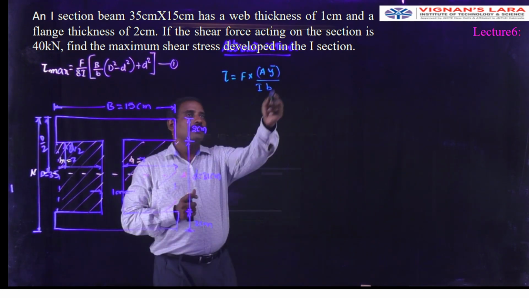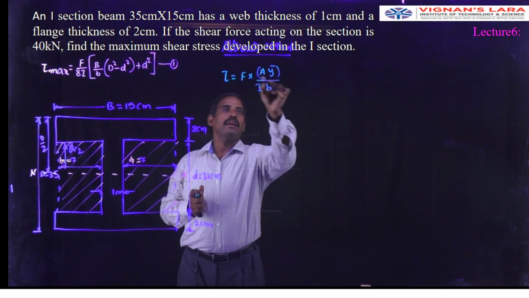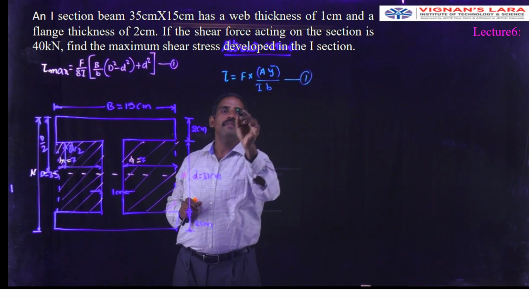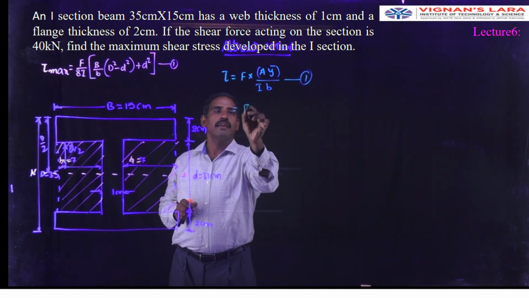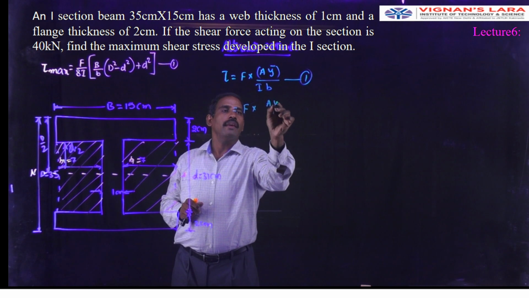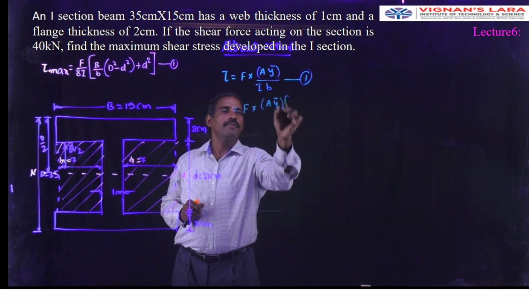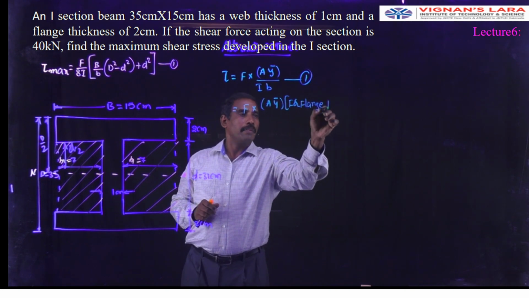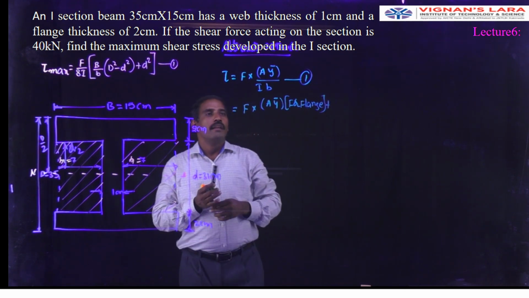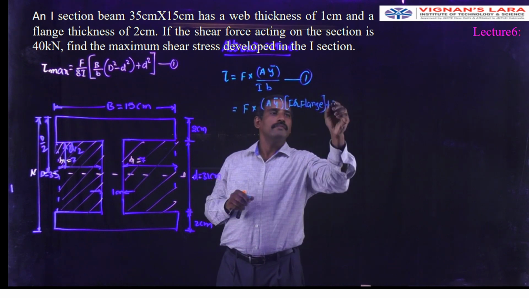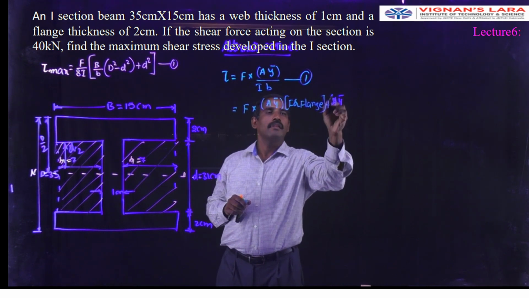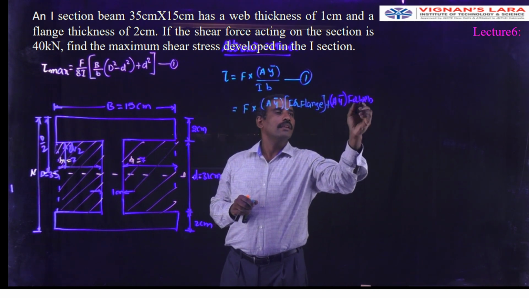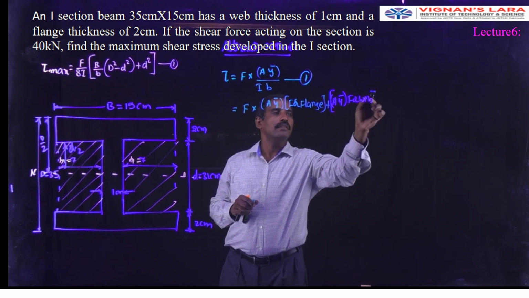It means the AY bar quantity is split up, so equation number 1 may be rewritten as F into AY bar for flange plus AY bar for web. Yesterday we derived an expression based on this concept only.